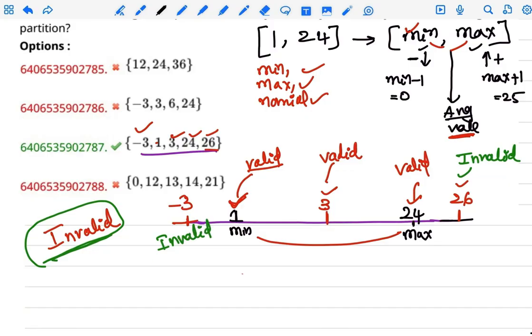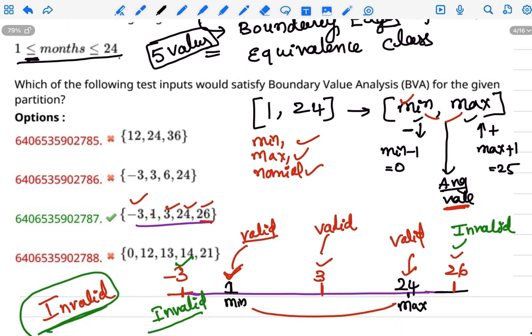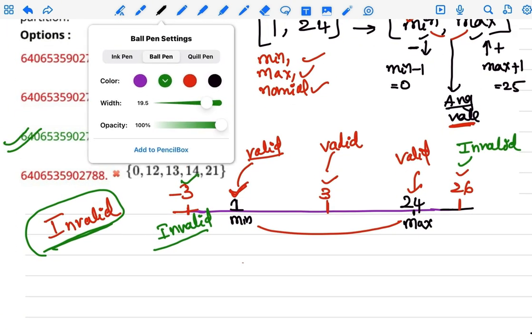Both consider the boundaries, the edges. This is also an invalid region. So in BVA you have to consider both invalid and valid conditions. Both are considered. So this option is correct, but why are the other options wrong?